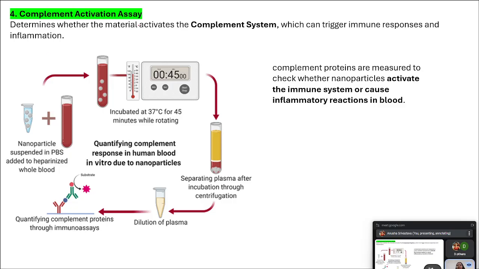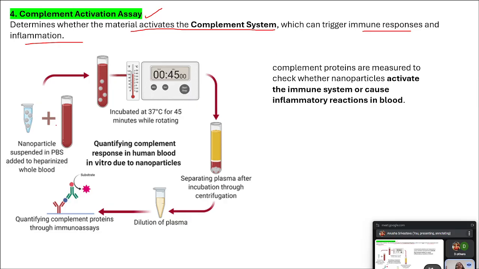So what is the complement activation assay? It determines whether the material activates the complement system. Ideally it should not do that, because that can trigger immune responses and inflammation. A nanoparticle or nanomaterial should not trigger unintended or unwanted immune responses or inflammation.